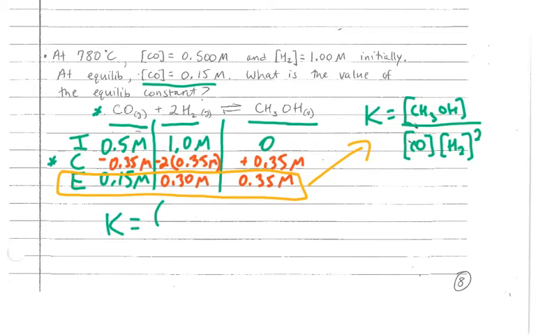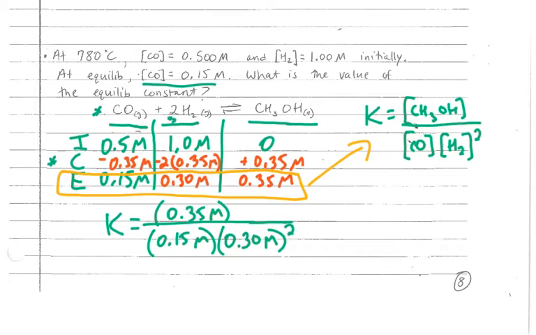K at equilibrium, the concentration of the methanol is 0.35 molar, as we see in our table. And the concentration of the carbon monoxide is 0.15 molar. We were given that one. And the concentration of H2 is 0.3 molar. We calculate that, and we need to remember that squared because of the 2 in the equation. We plug that into our calculator, and we get that K equals 26.